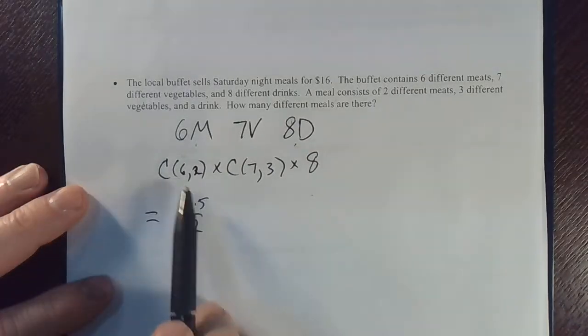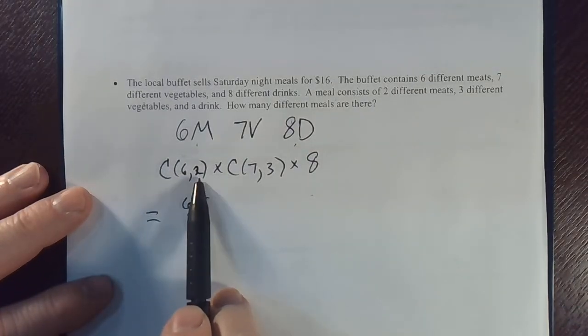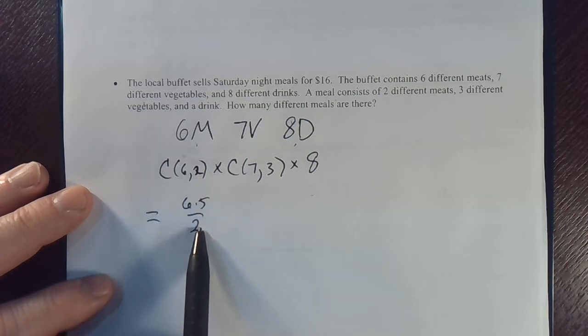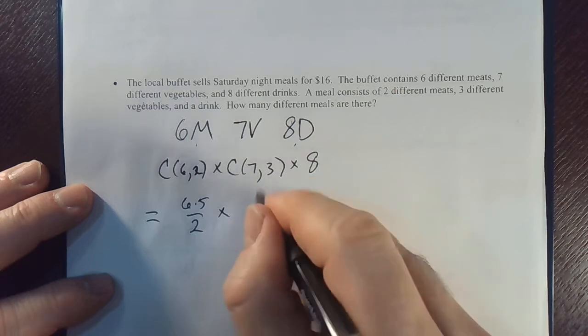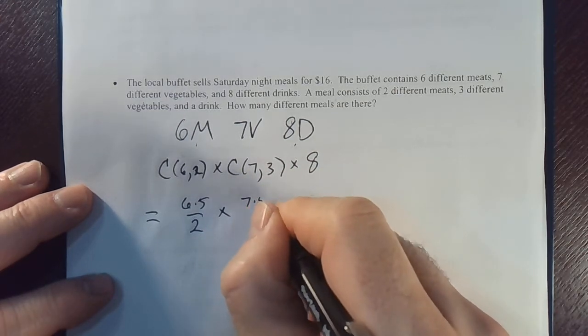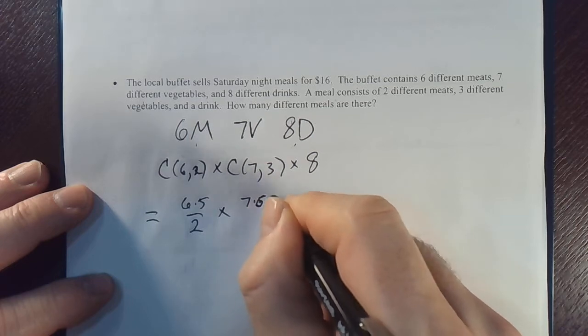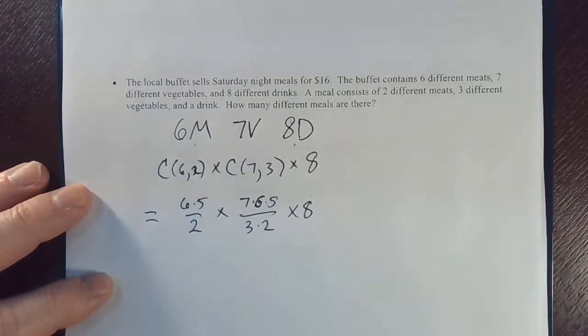So that would give us, let's see, you can double check my math if you plug it into the formula here. 6 factorial over 4 factorial 2 factorial, we would get this, times 7 factorial over 4 factorial 3 factorial, would be 7 times 6 times 5 over 3 times 2 times 8.